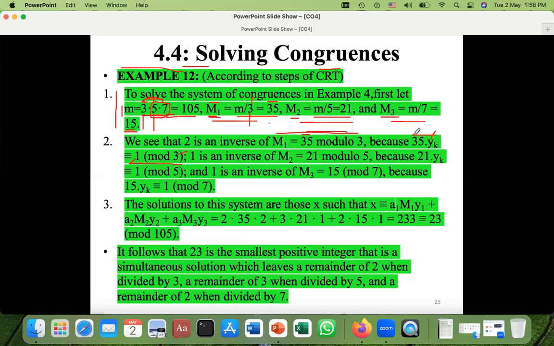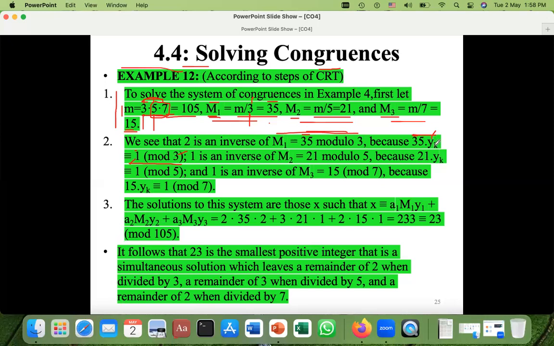When you subtract it from 35, what is the remainder? 2, and it should be 1. So this is not okay, so keeping it 1 is not okay in this equation. Then what? Keep 2 here.